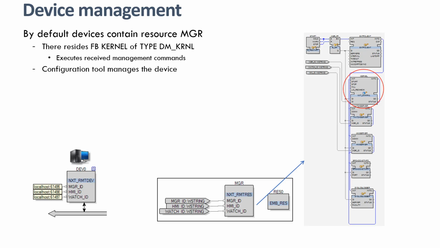By default, a device contains the manager resource. In this manager resource, it contains an FB kernel of type device management kernel that executes management commands and performs all the actions related to the device management.